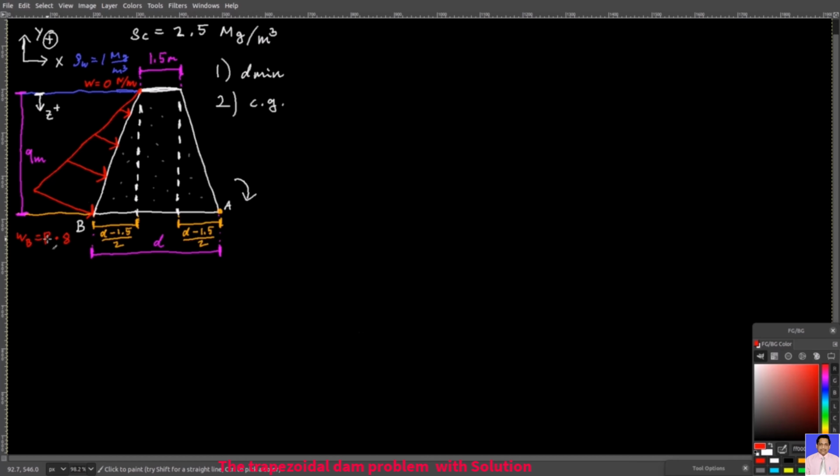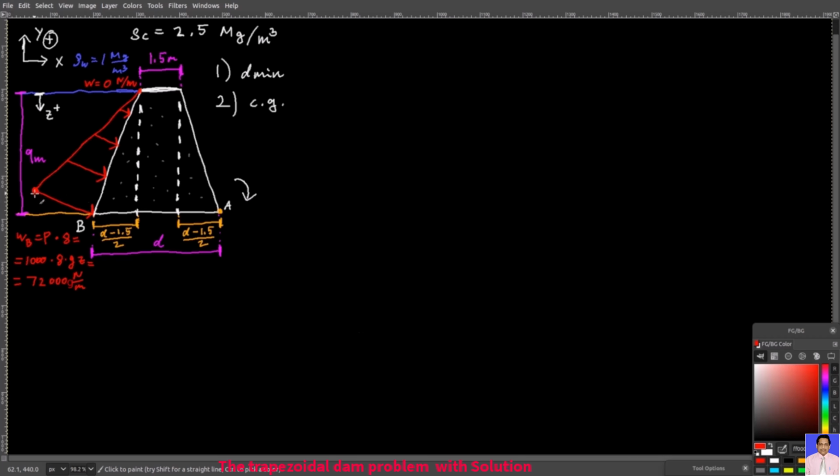So you go from pascals to newtons per meter, and so you have 1000 times 8 times g times z, and z is 9 meters. So in the end you have 72,000 times g newtons per meter. That's the length of this arrow here, the final arrow.